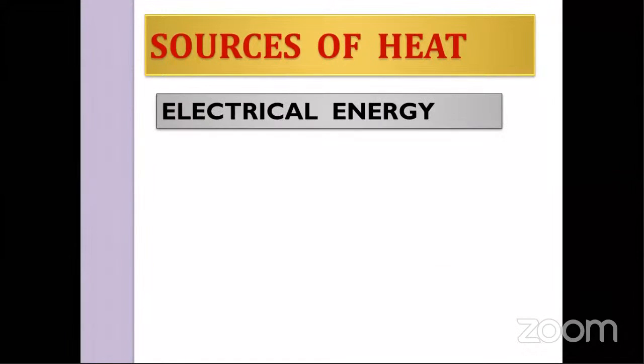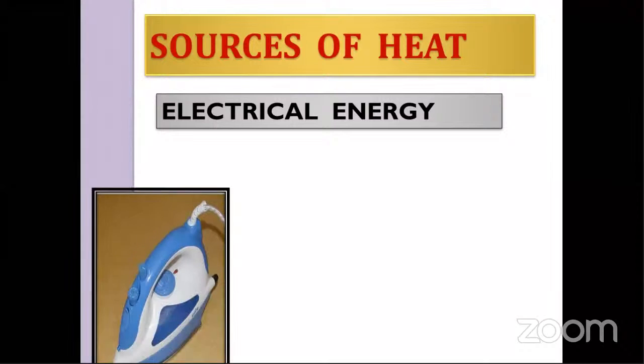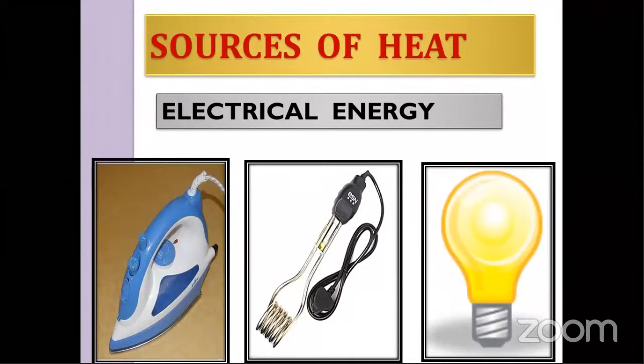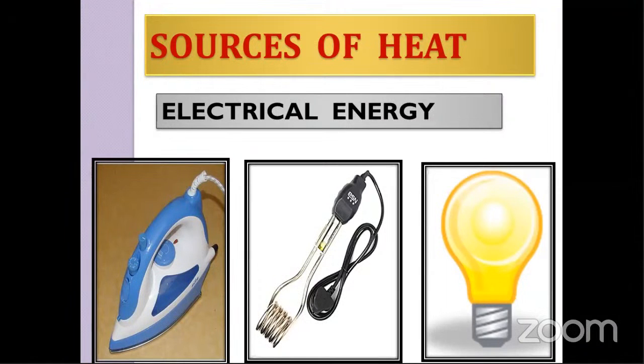In our daily life, you have seen many equipments which produce heat with the help of electricity, such as the electric iron, electric heater, and electric bulb. By using electrical energy, heat is produced in these types of equipment, and there are several other equipments that work from electrical energy.